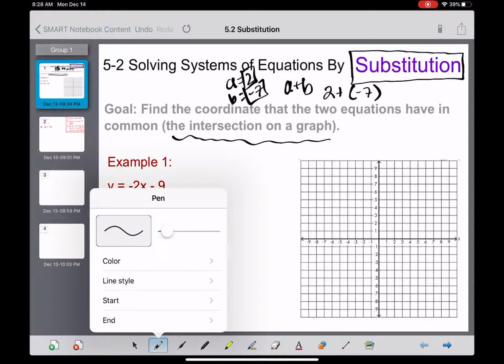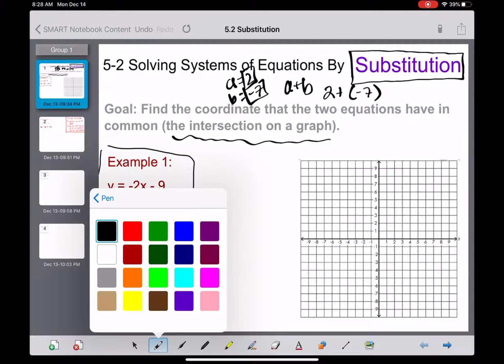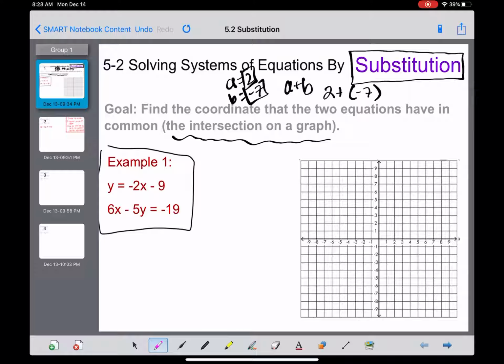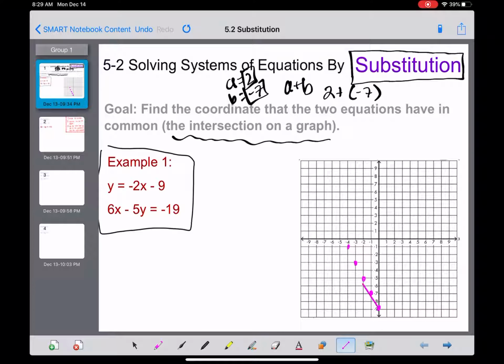If I was looking at our first example, y equals -2x minus 9 is pretty simple to graph. We start at -9, go down 2 and over 1 since it's a negative slope. Remember, when we're graphing, we want to draw our line pretty accurately so we can see the exact point of intersection.